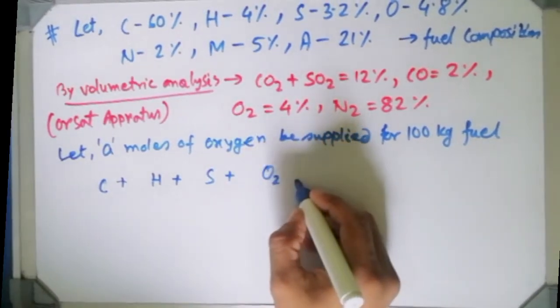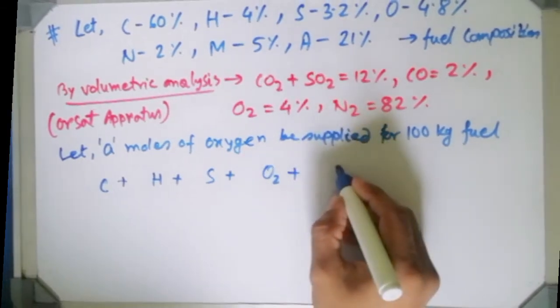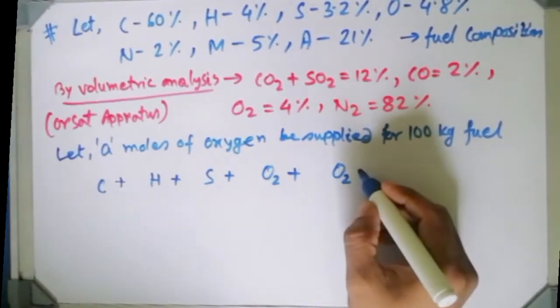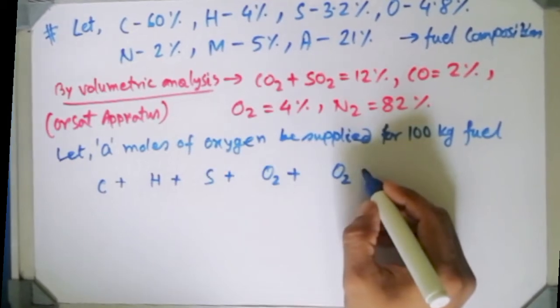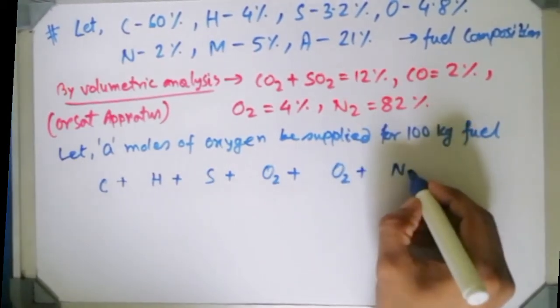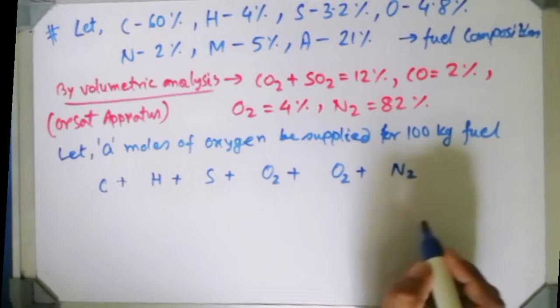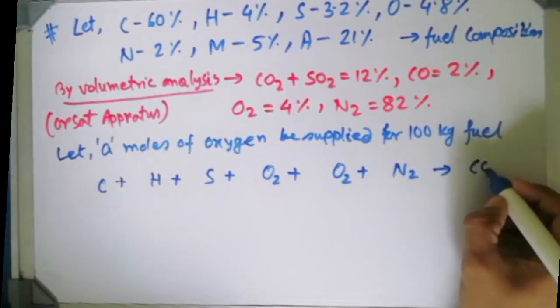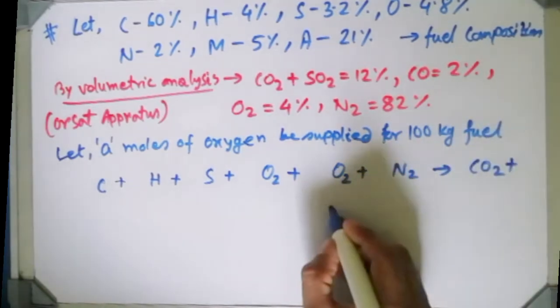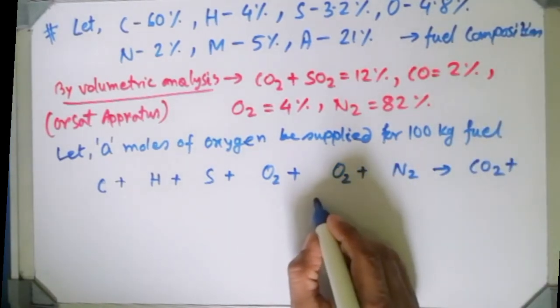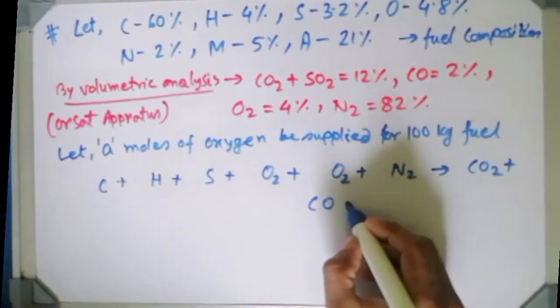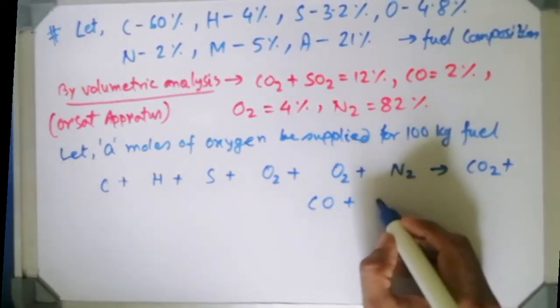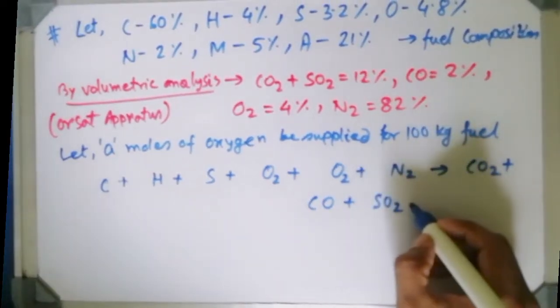In the product part carbon dioxide will be there, and because of incomplete combustion, carbon monoxide is present, along with sulfur dioxide. Some amount of oxygen remains unutilized, along with nitrogen, and moisture coming. That will be the combustion reaction.